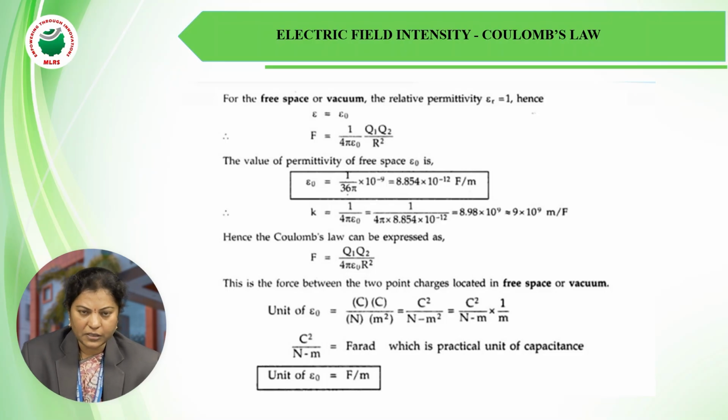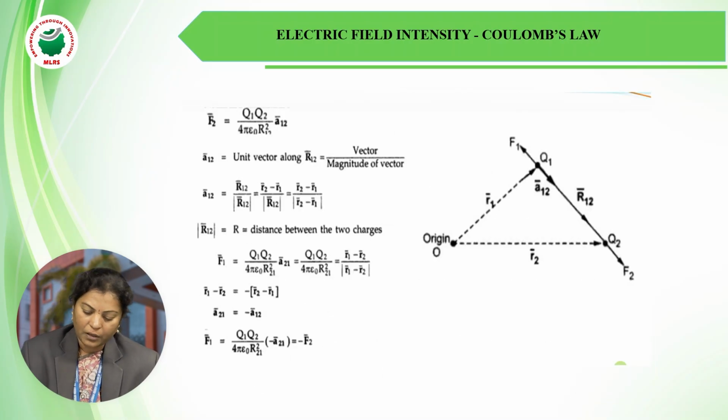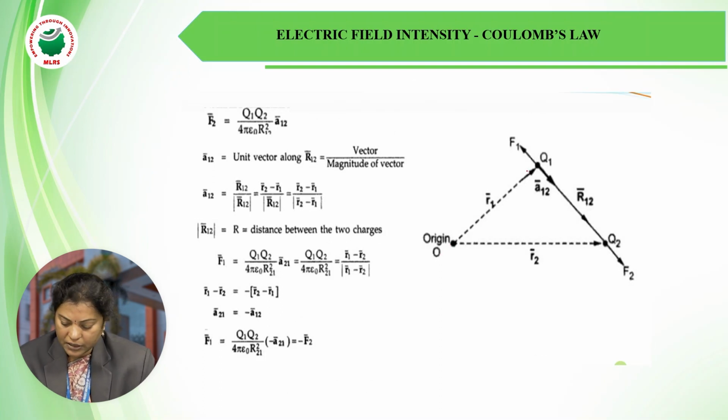Now let us express Coulomb's law in vector form. I assume an origin, and two point charges Q1 and Q2 are present in space with a separation R. Here R12 is the distance vector.